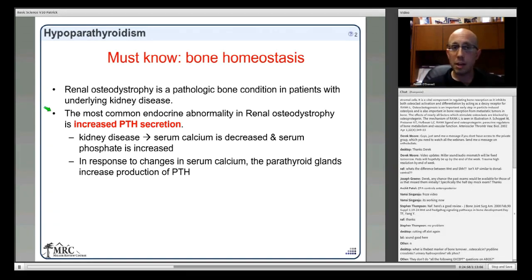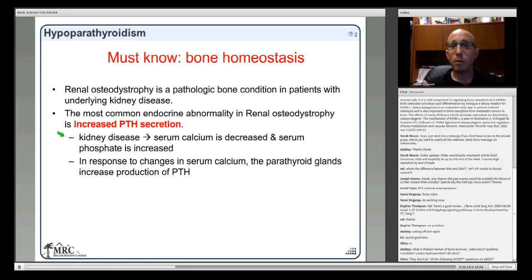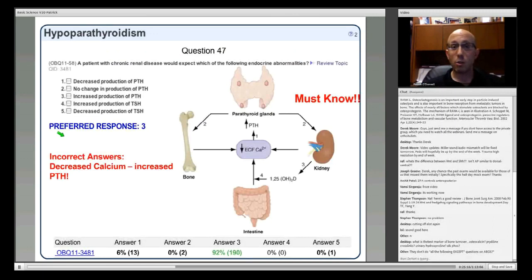The most common endocrine abnormality in renal osteodystrophy is increased parathyroid hormone secretion. What happens is the kidney disease leads to decreases in serum calcium, increases in serum phosphate, and in response to these changes in serum calcium, the parathyroid glands secrete more parathyroid hormone. Don't make it any more difficult than that.